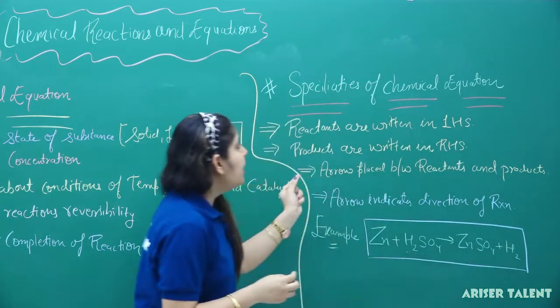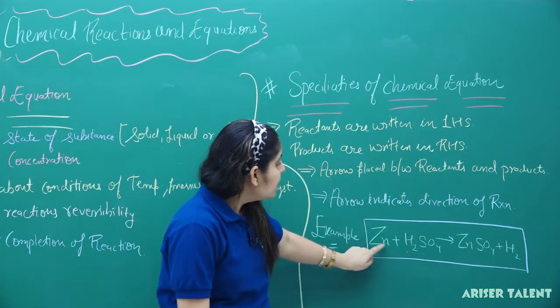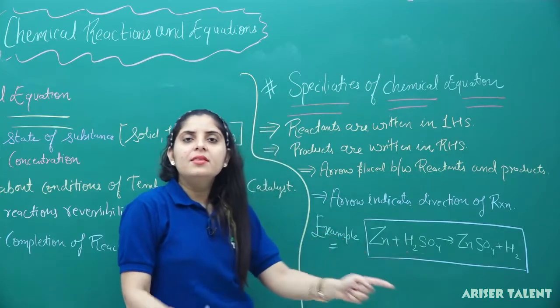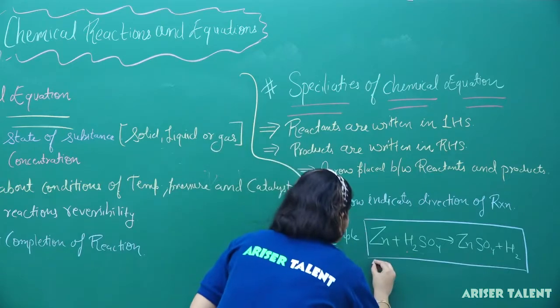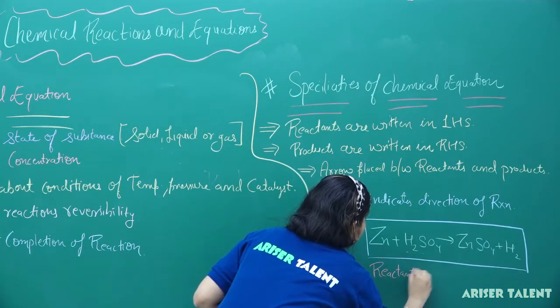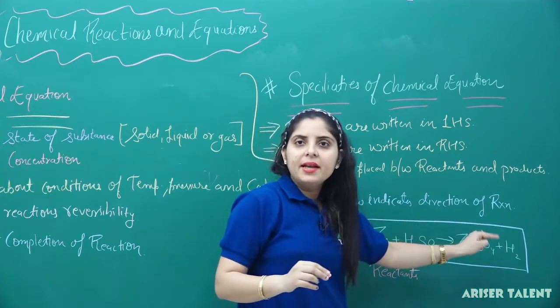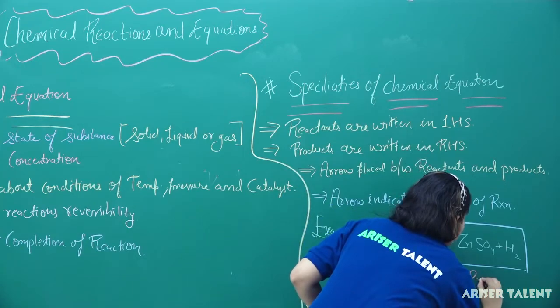So according to the specialties of the chemical reaction, what we are observing here, zinc and sulfuric acid that are reactants are written on the left hand side of the equation. These are reactants, and zinc sulfate and H2 are the products which are written on the right hand side of the equation.